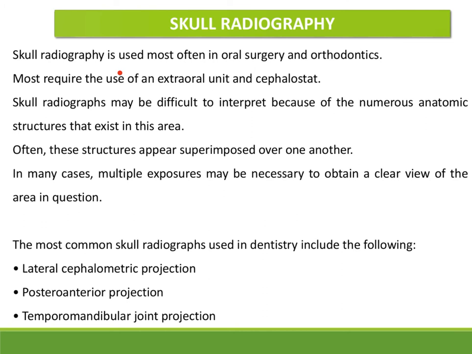They are difficult to interpret because of the overlapping anatomic structures in that area, which are superimposed on one another. In many cases, multiple exposures may be necessary to obtain a clear view of the area you want to see. So these are the three main extraoral projections of skull radiography.